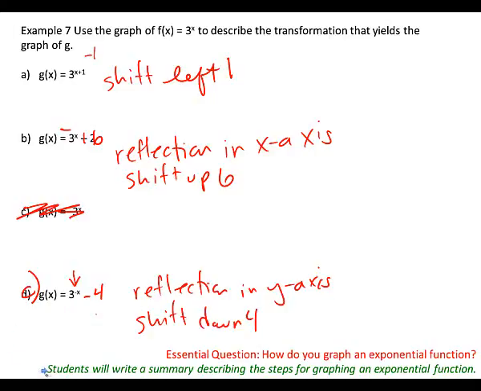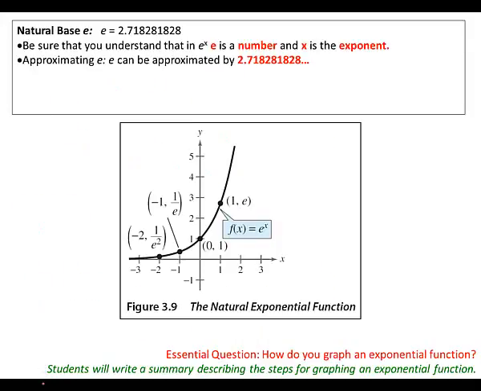All right, everybody got example 7? Okay. Go ahead and fill in those blanks.